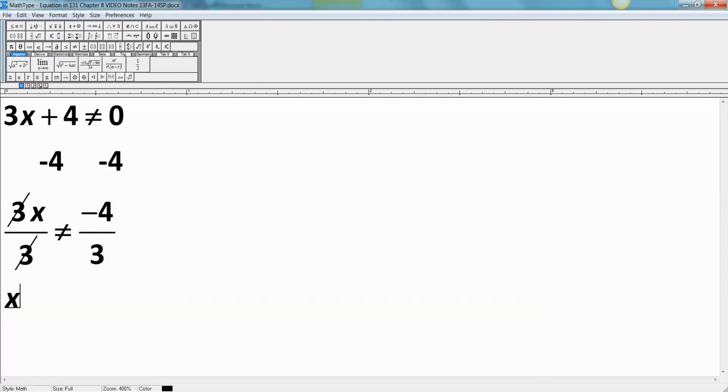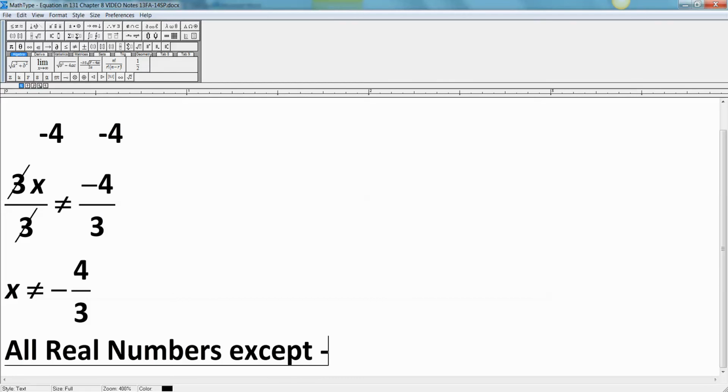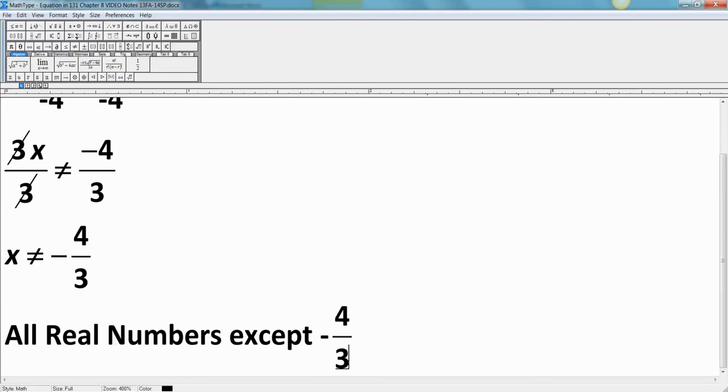So x, oopsie, cannot be negative 4/3. All right, so then what's our domain? Our domain is all the possible inputs except that number. So you'd say the domain is all real numbers except negative 4/3.